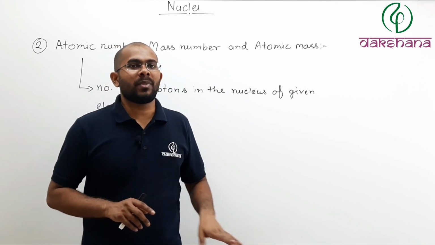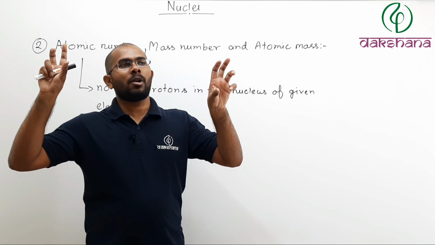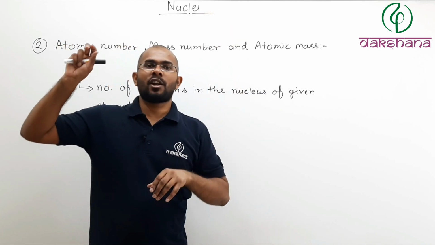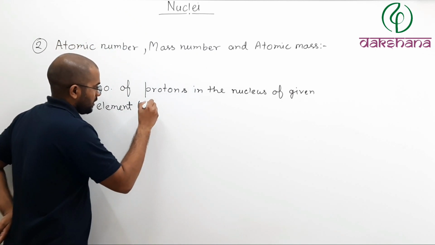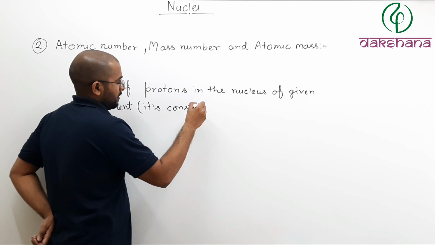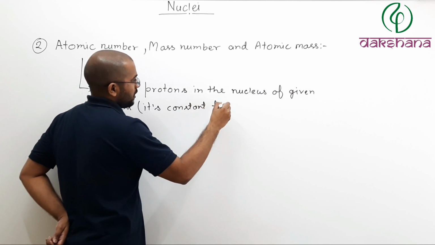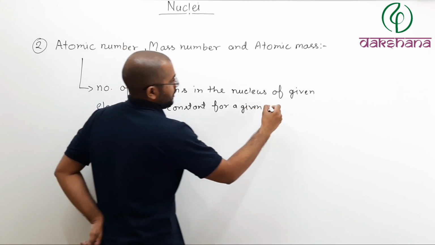It cannot happen that you have two carbon samples, one with one atomic number and the other with a different atomic number. That cannot happen. So what you will write: it's constant for a given element.